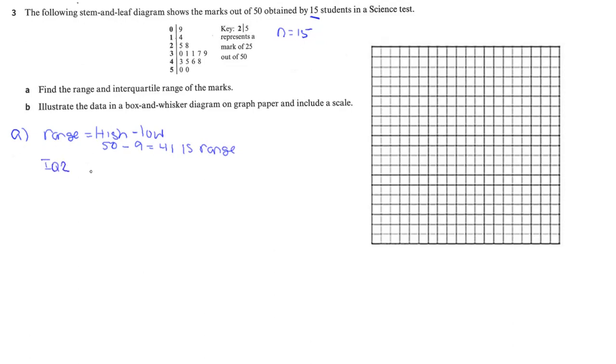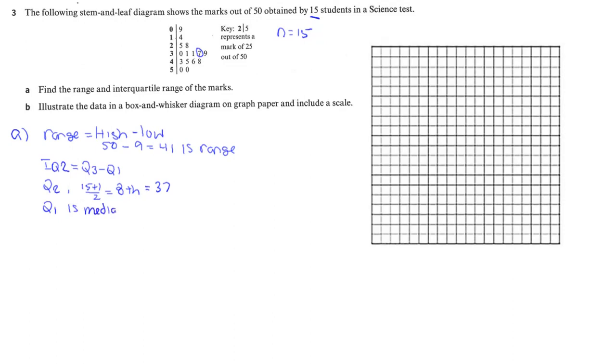For the interquartile range, I need Q3, and I'm going to take away Q1. So I've got to find where the halfway mark is, so I've got to find the median. Since there's 15, we're going to use the 8th for the median, that's 37.